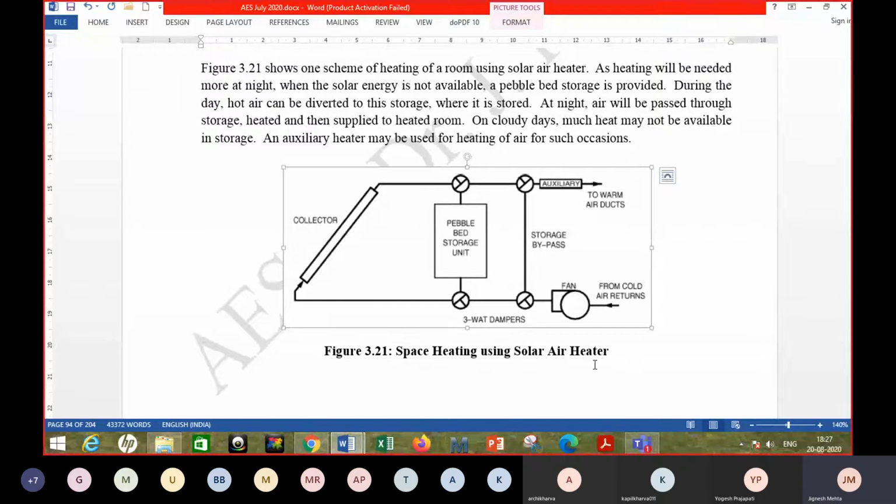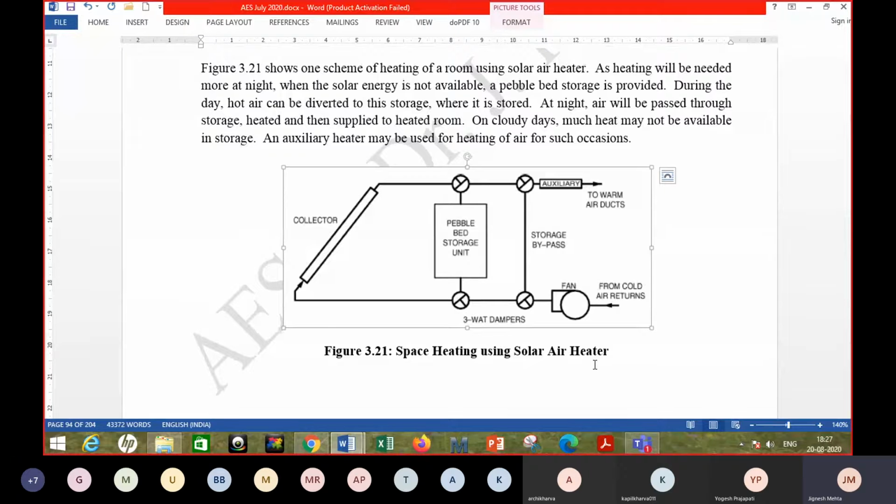So it is advisable if you can use some very economical or cheap media for storage. Again, this is not a very high grade energy. You are not storing electrical energy or chemical energy which can be converted into electrical energy in a battery, right? This is heat energy, and again the delta T that might be available may not be very high.